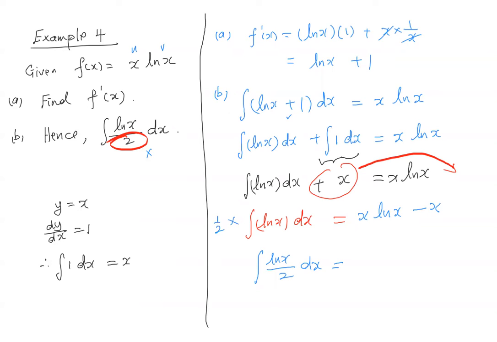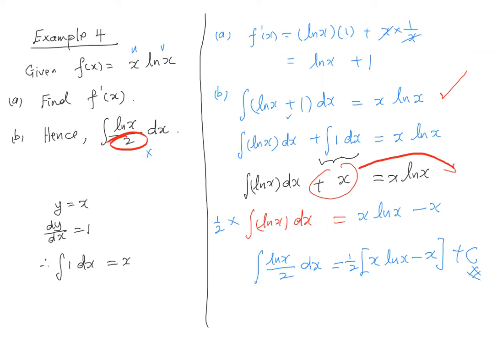All right? So I got half of x ln x minus x plus c. So it's just a matter of playing around with it. But the important point is here, to test you that you know it is an antiderivative.